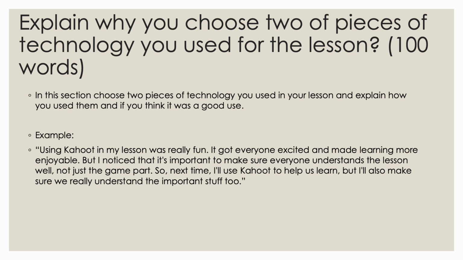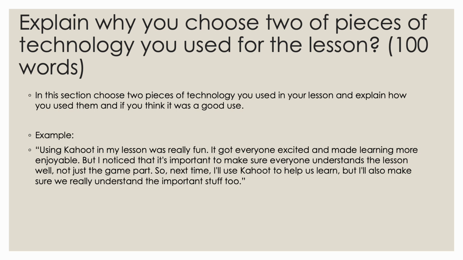Okay, then things get a little bit tricky, a little bit more difficult, okay? The next section you have to explain about 2 uses of technology in your lesson, right? You choose 2 pieces of technology, for example, pictures or video or sound or something like that, or an experiment, whatever, and why you think it was a good idea. You reflect on it. You think about it and go like, was this a good idea? Could I have done it better? Were there any issues or something like that?